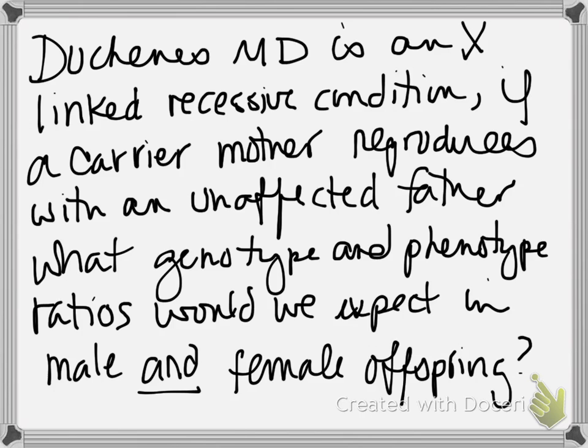So we have to do the ratios here for males and females differently, because the males and females are going to be affected differently. Okay, I will let you copy. And we have here a carrier mother and an unaffected father. Let's go ahead and do the genotypes and phenotypes for mom and dad. So, what is mom's genotype with regard to this allele? We know she's XX, and she's a carrier. She's not affected.